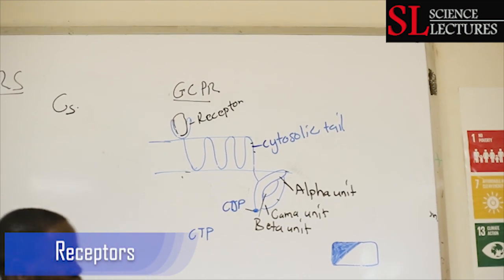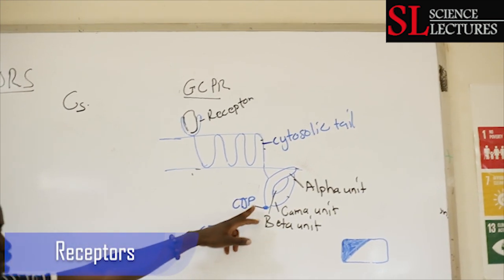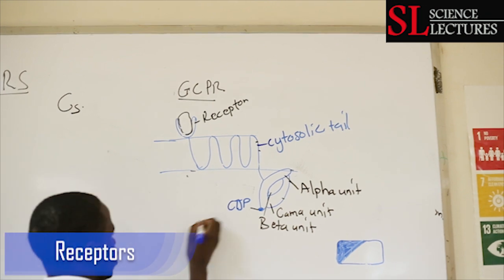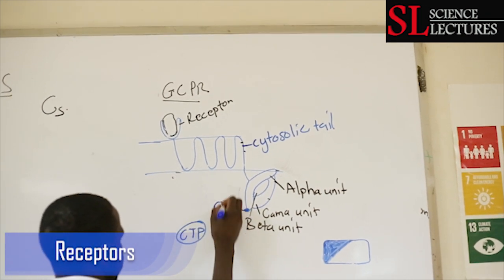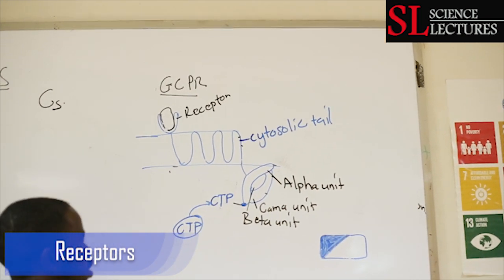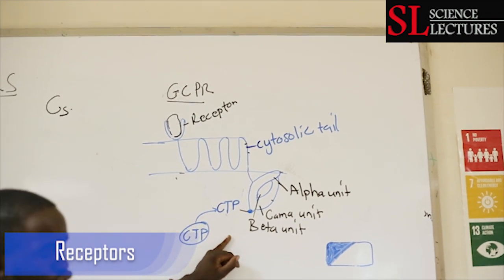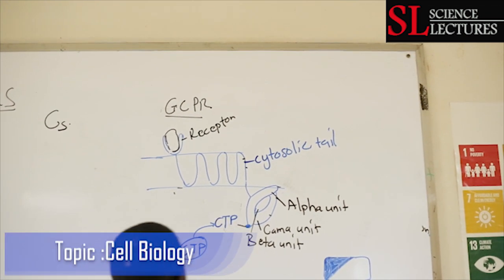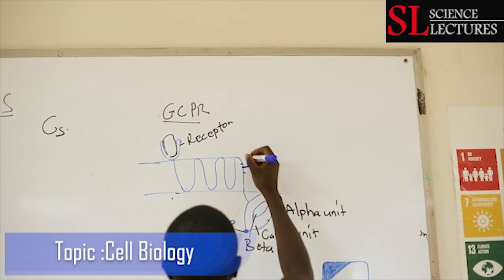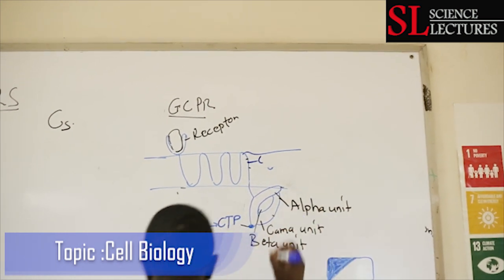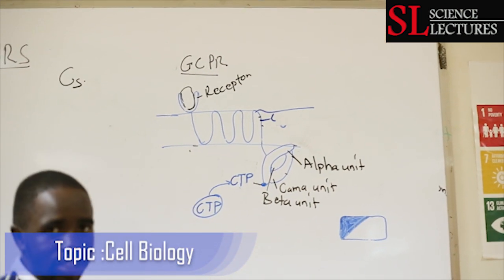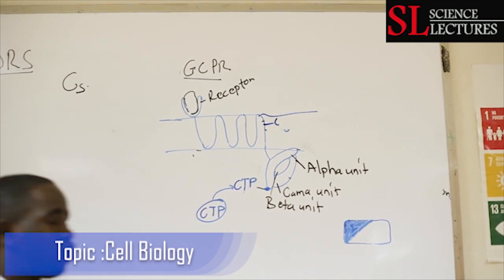So this GDP shall be replaced by GTP. The GTP shall come onto the alpha unit and replace the GDP. We said that this alpha unit is the one that will interact with other molecules.